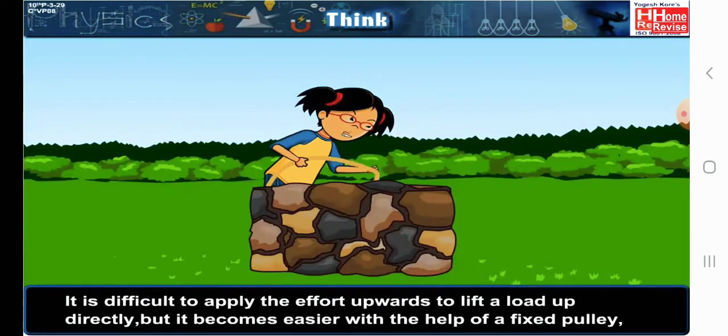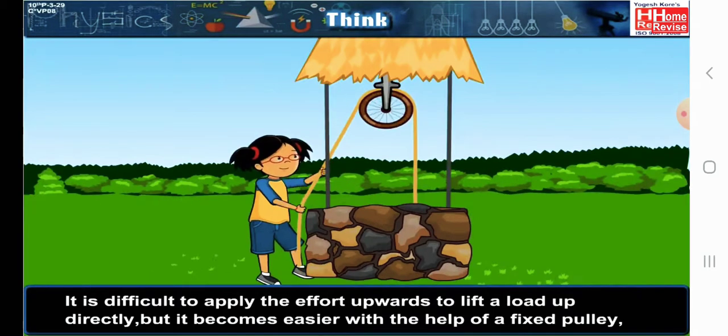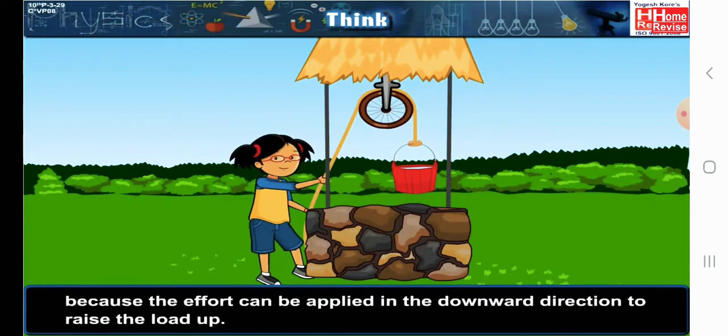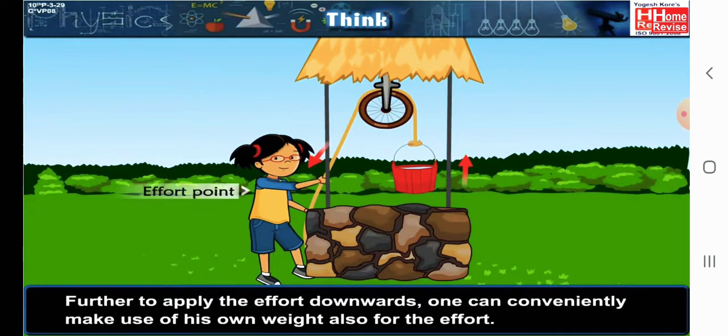It is difficult to apply the effort upwards to lift a load up directly, but it becomes easier with the help of a fixed pulley because the effort can be applied in the downward direction to raise the load up. Further, to apply the effort downwards, one can conveniently make use of his own weight also for the effort.